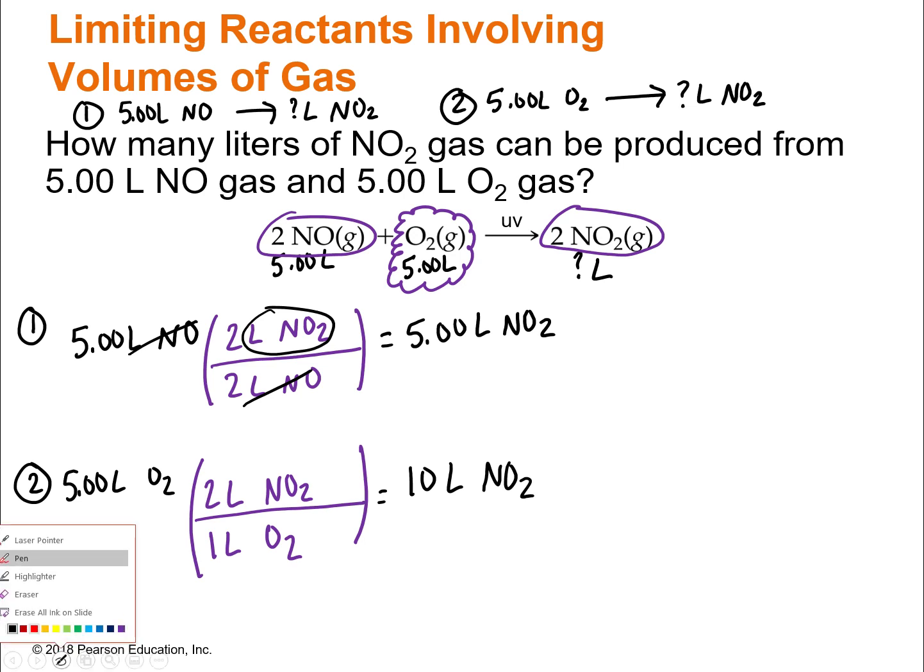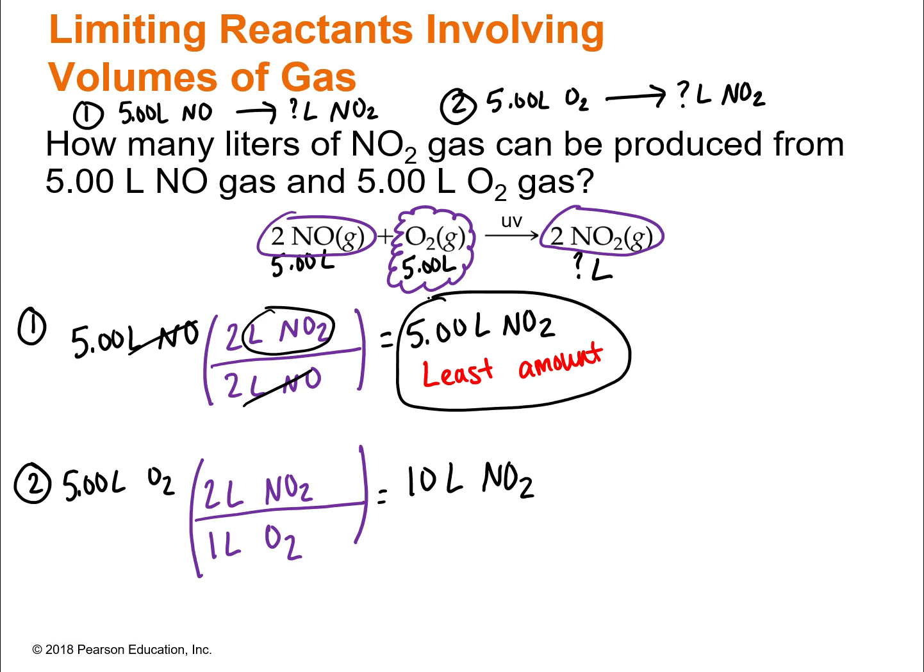Then you figure out which one of these makes the least amount of product. So it turns out that we'll make 5 liters of product if we mix these 2 gases in these volumes. This is probably the easiest kind of limiting reactant question that you'll get in terms of combining that with stoichiometry.